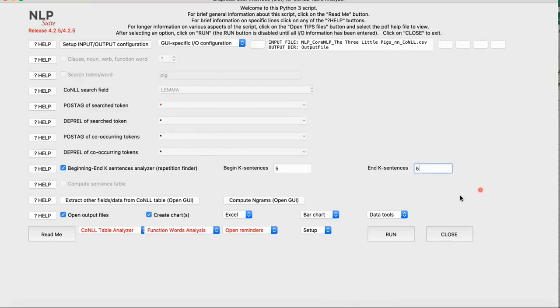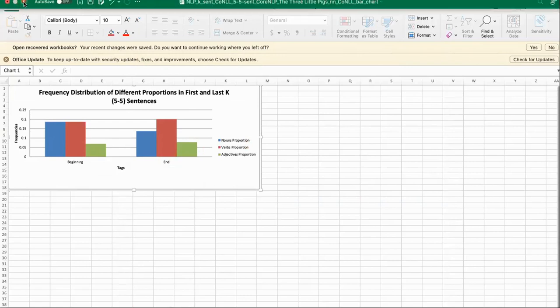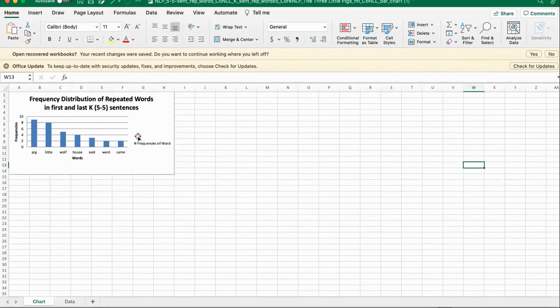When we run it, we get 2 CSV outputs and bar charts, which show us the most frequent words in the first 5 and the ending 5 sentences, and also the proportions of the different parts of speech. Here we can see in the beginning, these are the proportions of nouns, verbs, and adjectives. And in the last 5 sentences, these are the proportions of nouns, verbs, and adjectives. In this chart, we can see the words which appear frequently in the first and last 5 sentences.